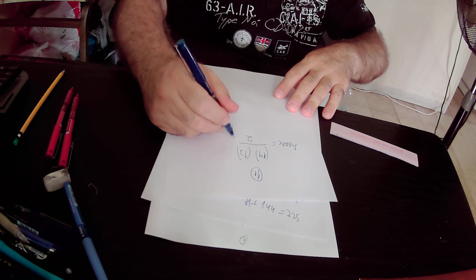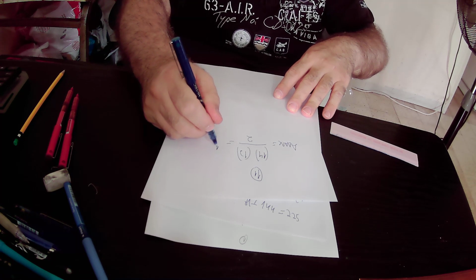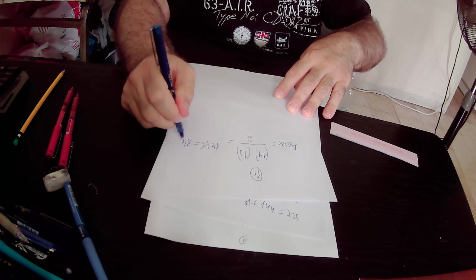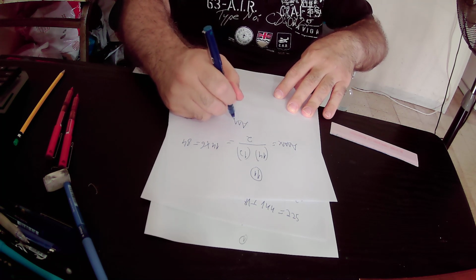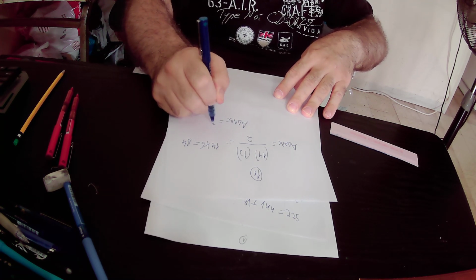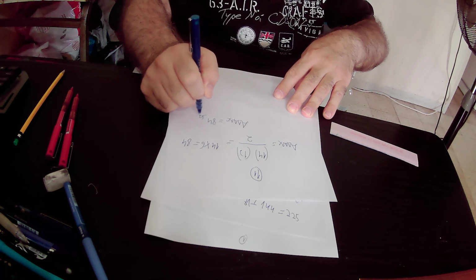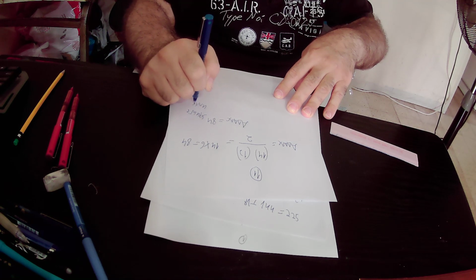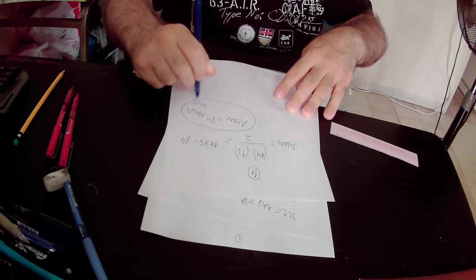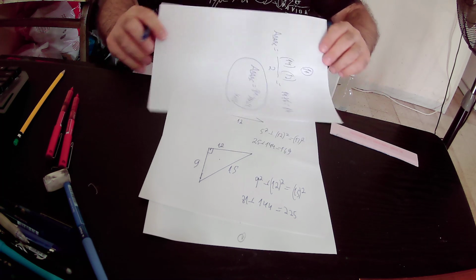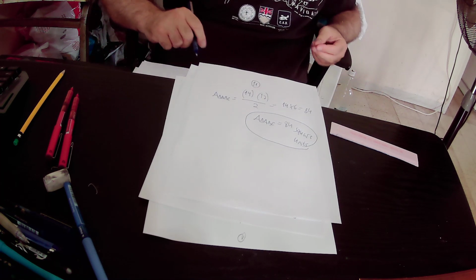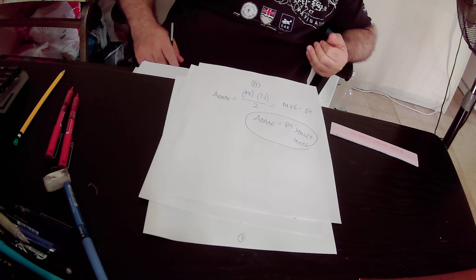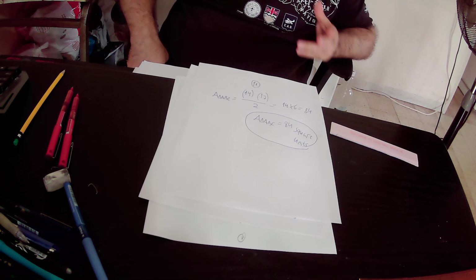So we will get that the area of triangle ABC equals 14 times 6, and 14 times 6 is 84, so the area of triangle ABC equals 84 square units. Okay, the area of triangle ABC, as we calculated it in the third way, equals 84 square units.